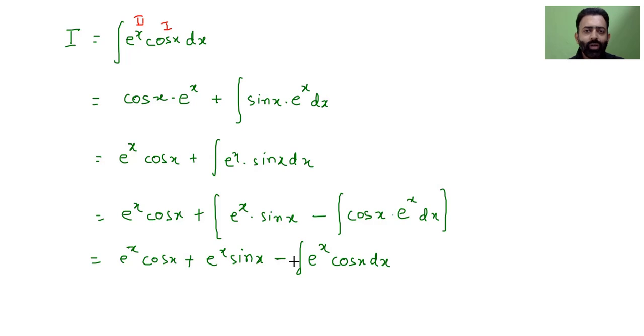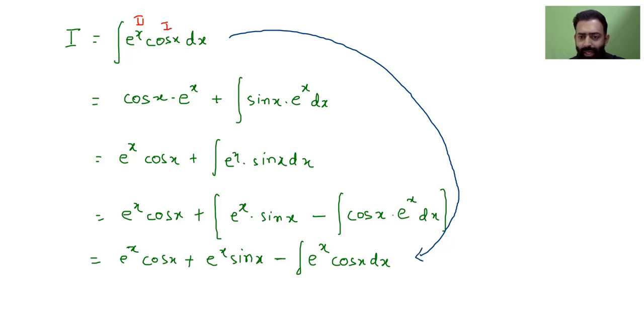So now what we have to do, right? There is a trick here. As you can see, at the start I have written my original integral, denoted by capital I. What you are seeing here is that in the third step, when you have applied integration by parts again, you arrive at e raised to power x cos x again, which is your initial integral.